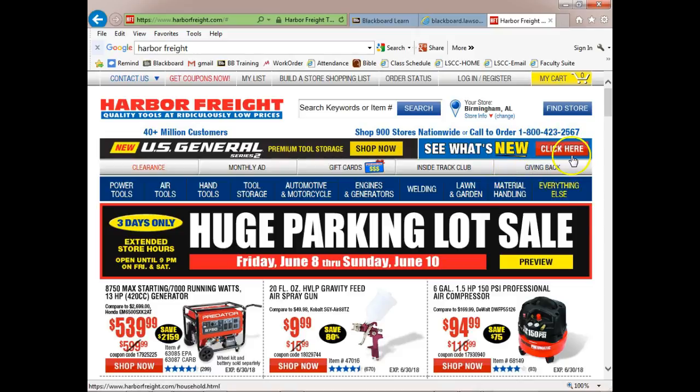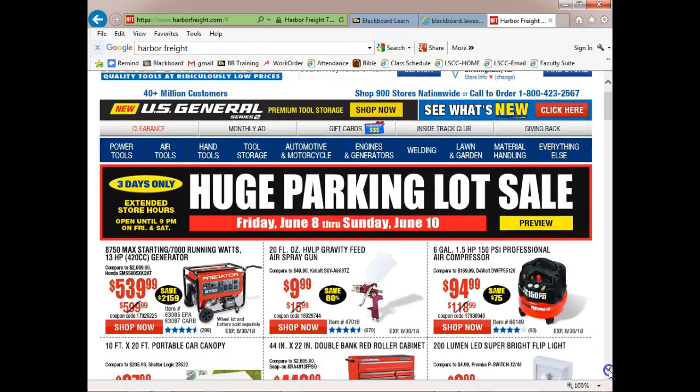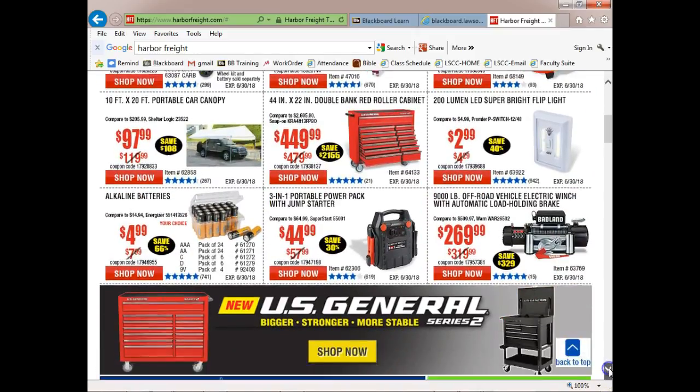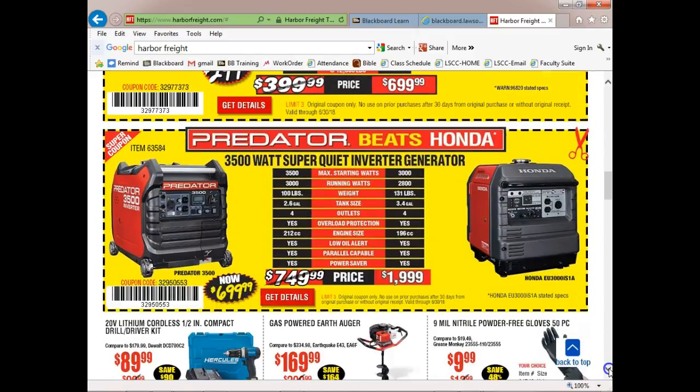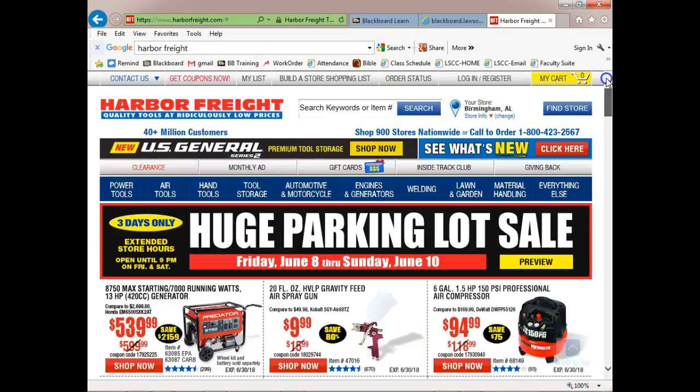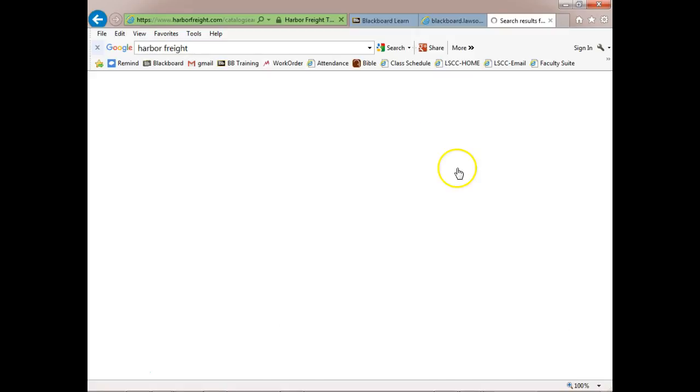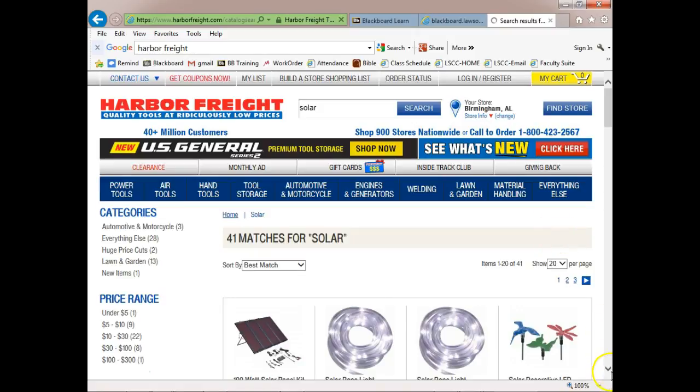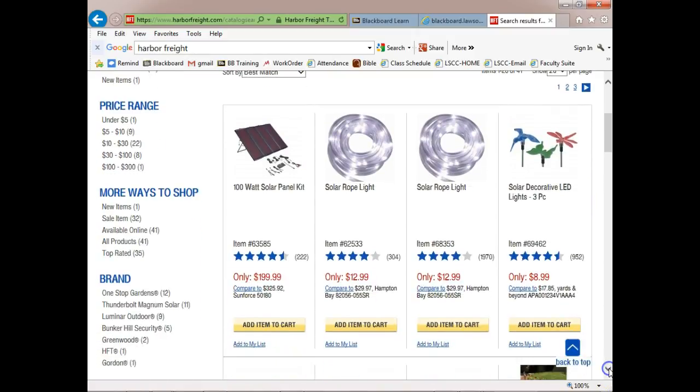They send you a catalog over time, and it's always the same thing. So there's a solar panel kit. They sell the solar panel kit for $200, but it doesn't come with any batteries. $200. These things come down quite a bit too.